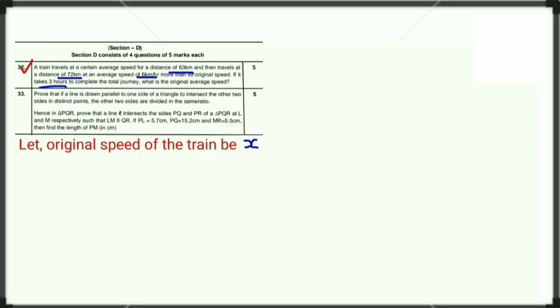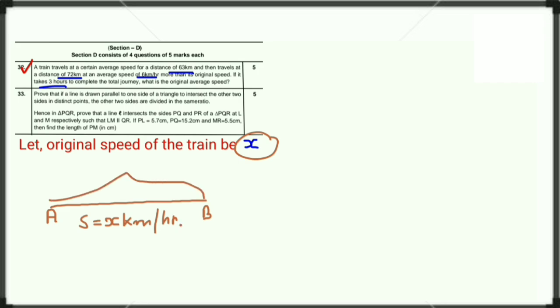Suppose this train starts from point A and reaches point B with its original average speed that we have assumed here, x kilometer per hour, and from A to B it covers a total distance of 63 kilometer.